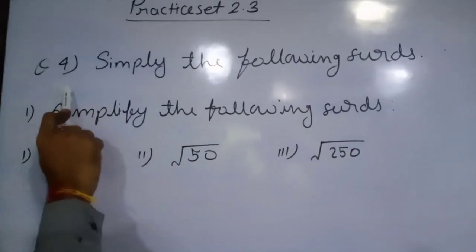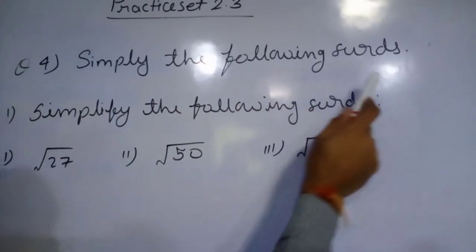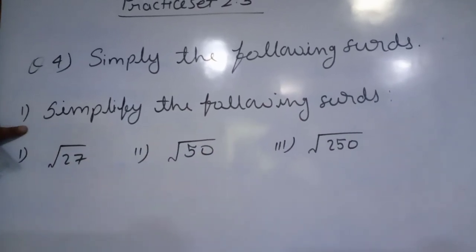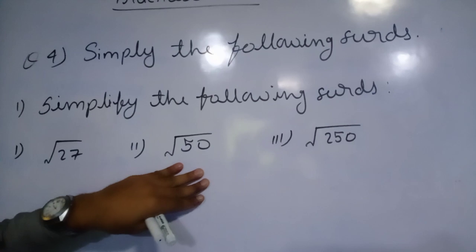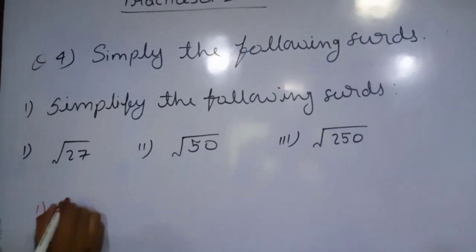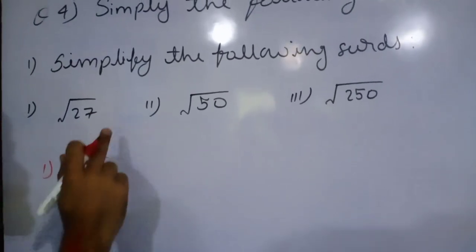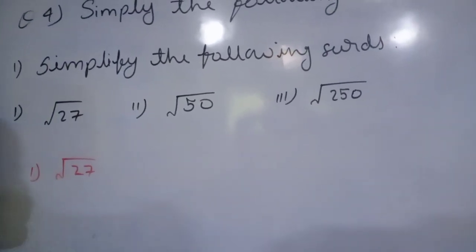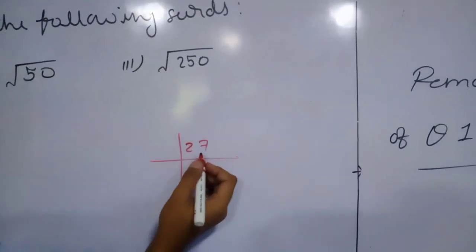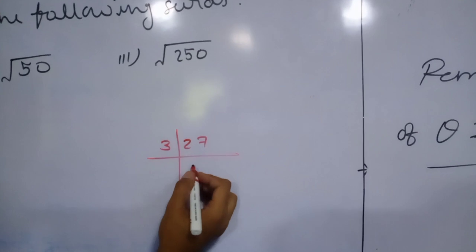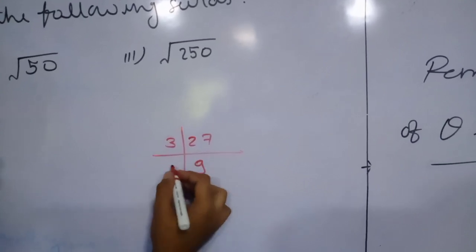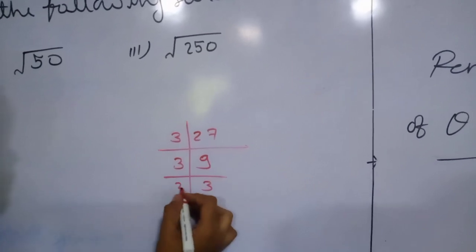Now sum number 4. Simplify the following surds. Here we have 3 sub questions. Now how are we going to do the simplification? The first one, root 27. Simplify means we have to do the factorization of this 27. 3 9s are 27, 3 3s are 9, 3 1s are 3.